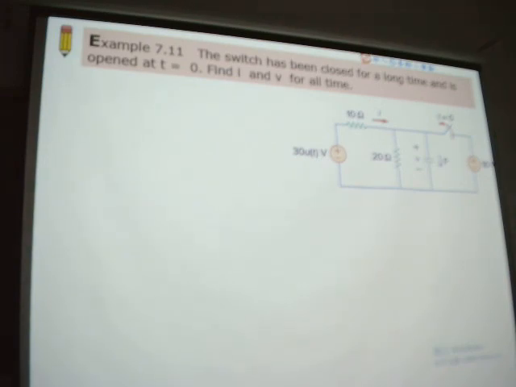This one should be fully charged, and this one open. But we still have voltage here, and our V is equal to V20 because the voltage here is equal to the voltage here, 10, 10. Okay, so we finish the analysis for the first figure. Then for the next one, this one is okay. So now, this one is for t greater than 0.